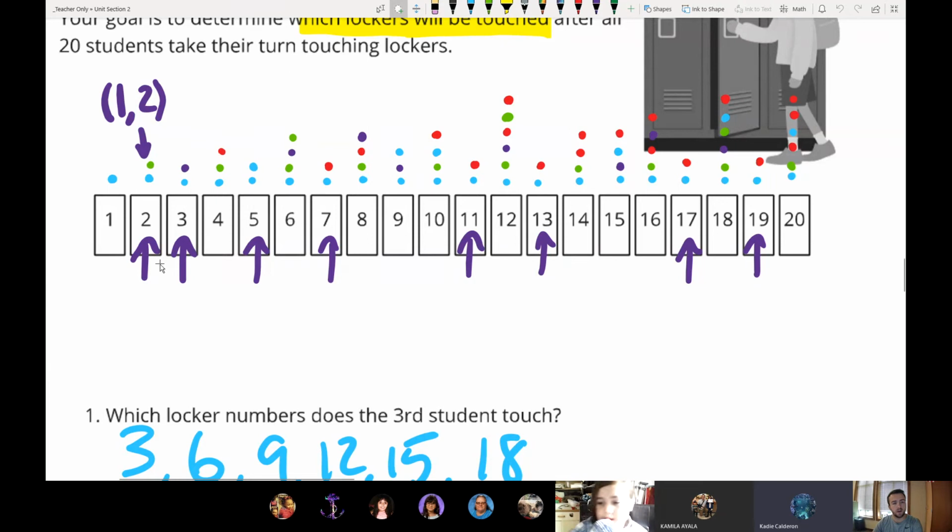What students touched the third locker? Blue and purple. And what number students are those? 2. Did the first student touch the locker?